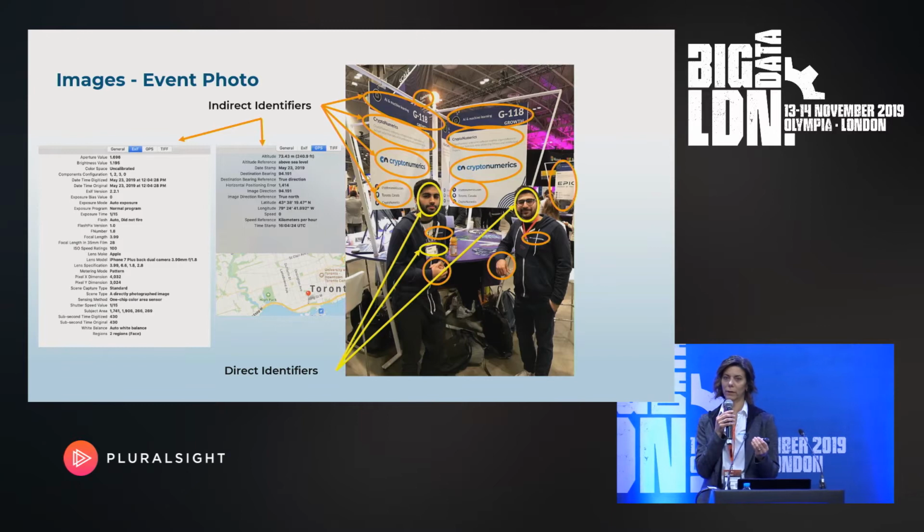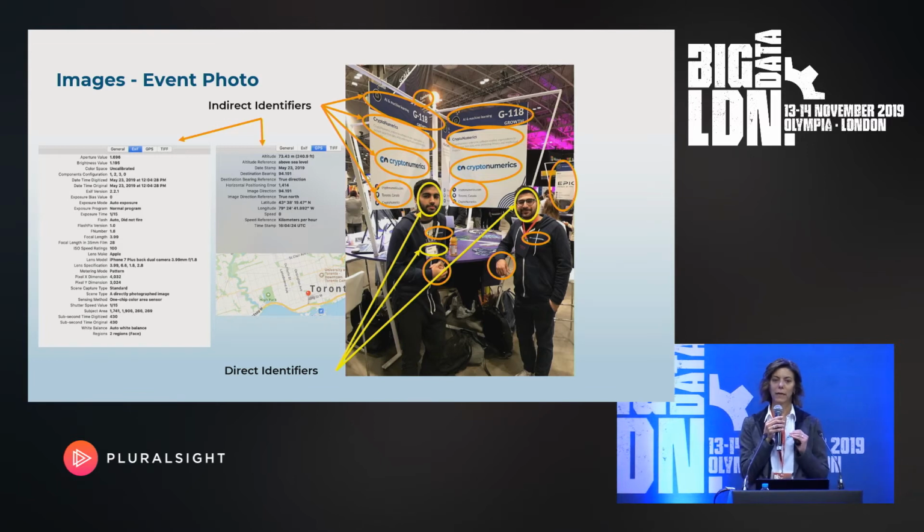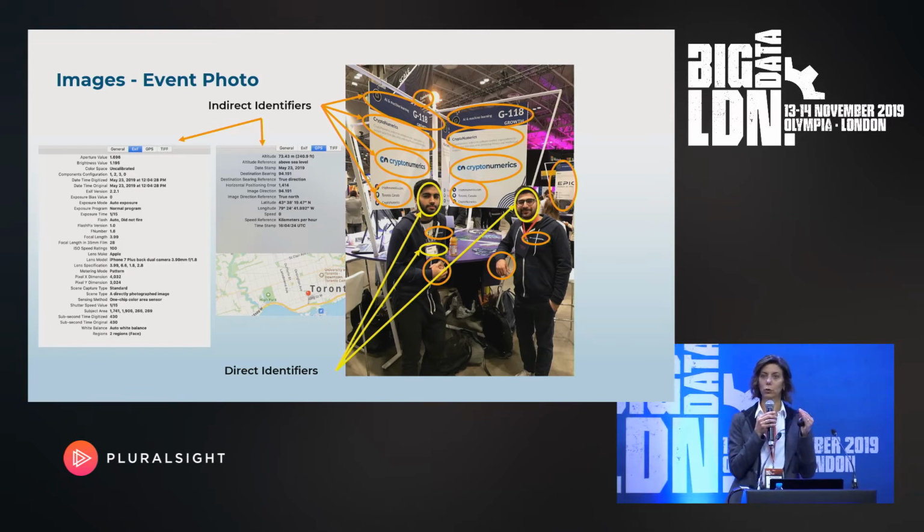And the last one I wanted to show in terms of a different data type was an image. And we think of images, in this case I'm showing you an image of a couple of my colleagues at a conference event, so it's certainly not a private image, but there are a lot of stores, for example, retailers, that like to take pictures and videos of people in their stores so that they can optimize their store.